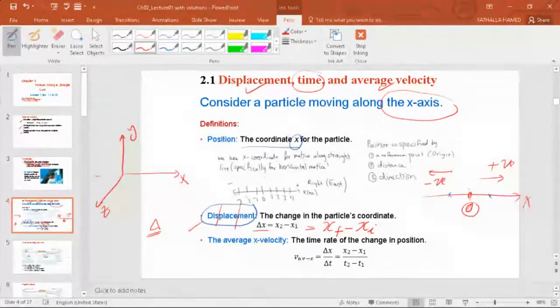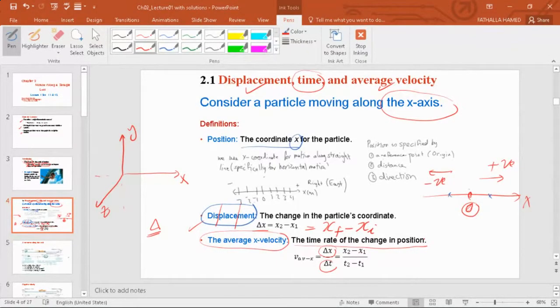So how can I bring this in the description? And this is where we say average velocity. And the average velocity here is delta x over delta t, which is the time rate of the change in position. And that's how we incorporate time in.